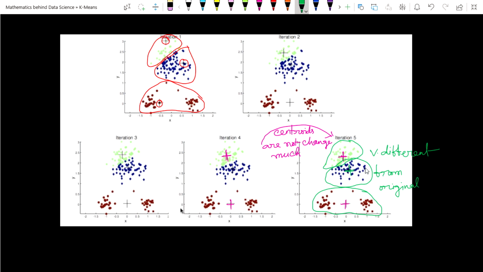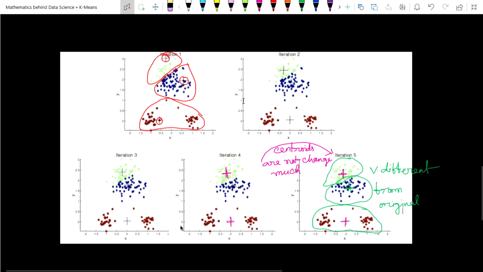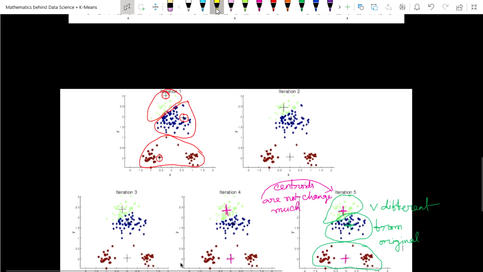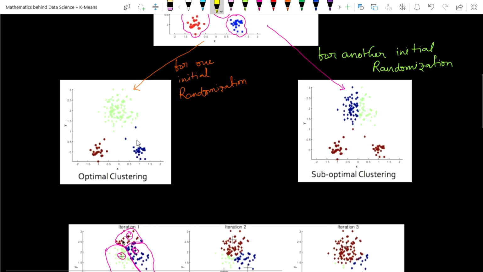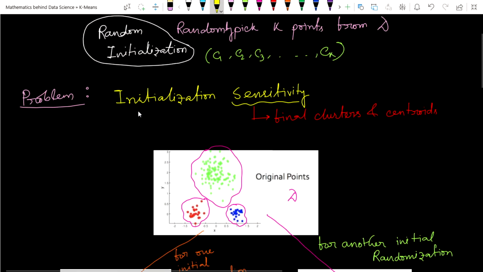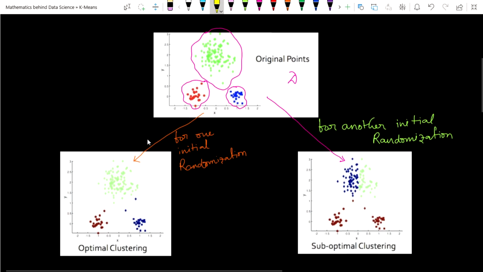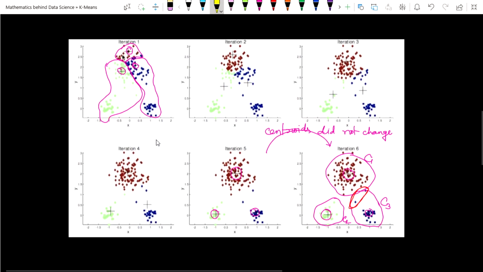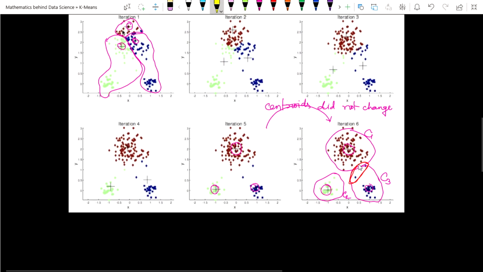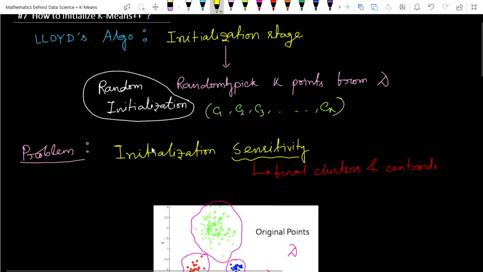This is the main problem: random initialization sensitivity. Because of different initializations, at the end of our algorithm we will get different kinds of clusters. This is the main problem of Lloyd's algorithm.